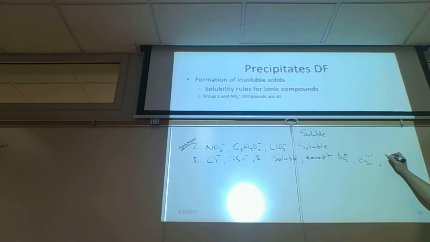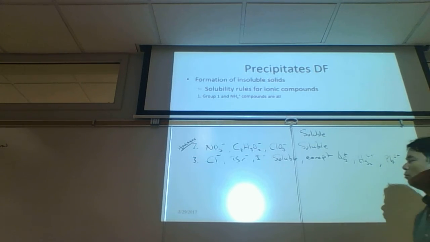And Pb, lead 2. Lead 4 turns out to be soluble. Those are soluble because the bonding is much more molecular rather than ionic in those species. It has to do with the quantum mechanics. Where's fluoride?